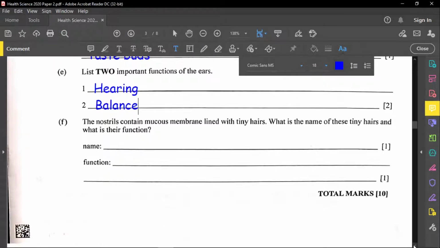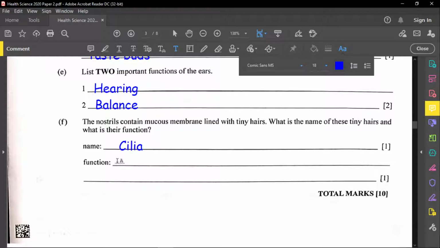For part F, it said the nostril contains mucous membrane lined with tiny hairs. What is the name of these tiny hairs, and what is their function? These hair-like projections are called cilia.